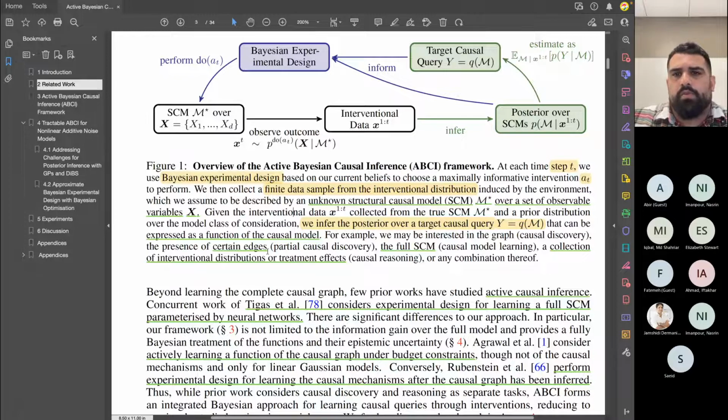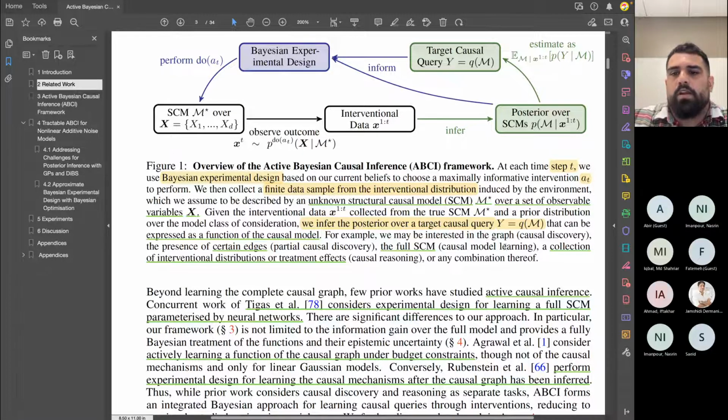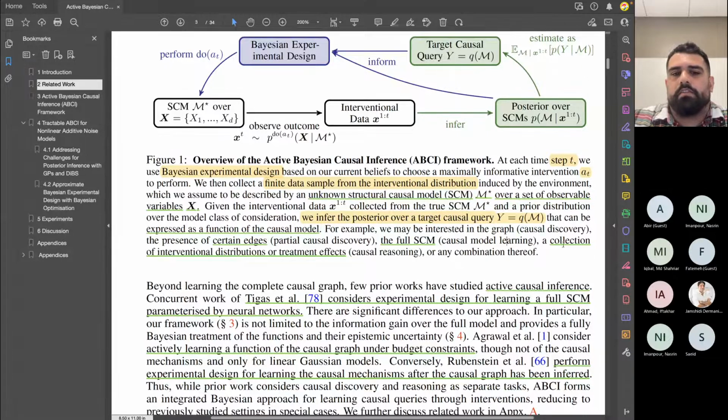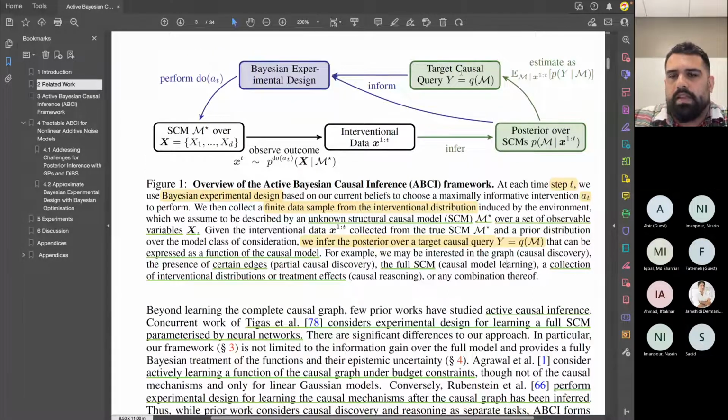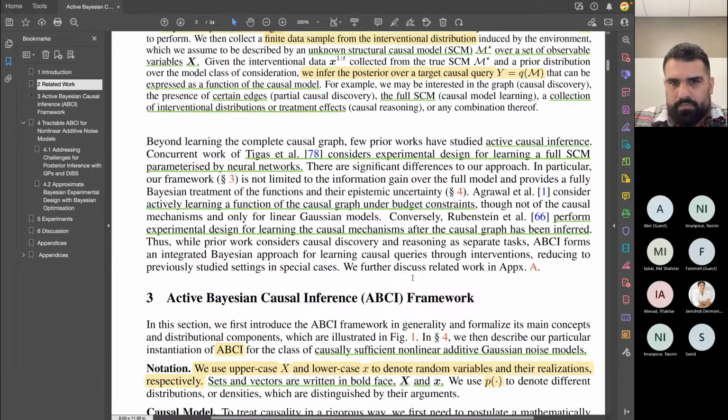One query can be learning just partially, or another query can be trying to learn the full graph, the full SEM, or another may be a collection of interventional distributions or treatment effects, or any combination. They talk about that more, and that informs their decision on the next experiments they want to do, and they just repeat the cycle.